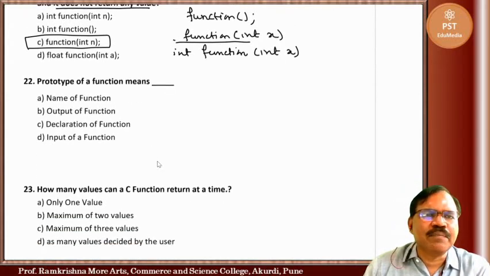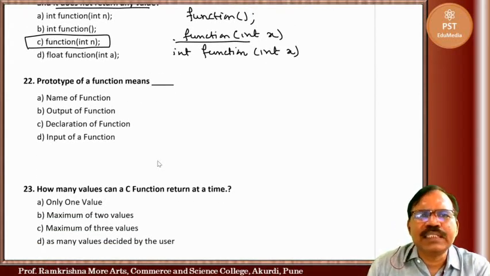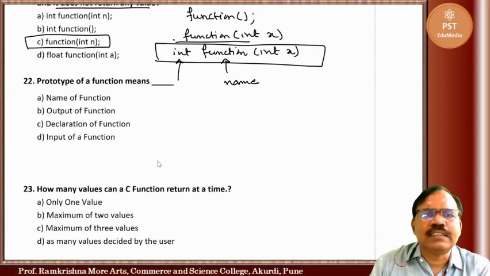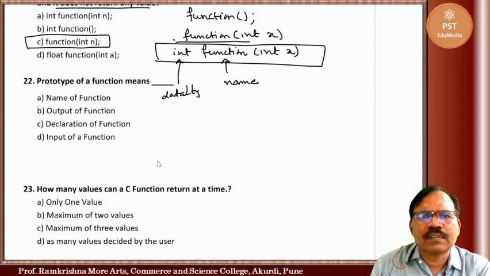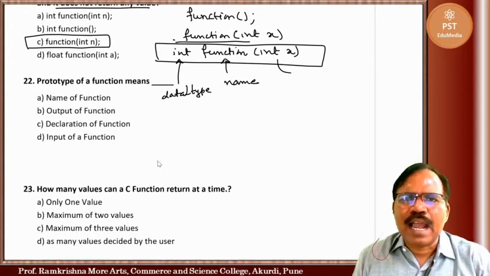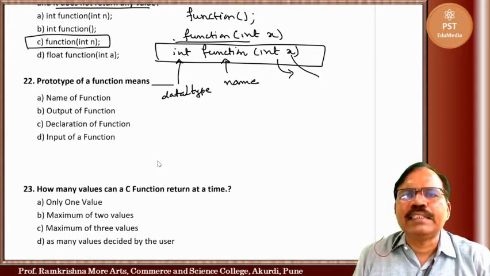Prototype of function means, this is the function prototype. This is the name of the function. This is the data type of the value returned by the function, and this x is the argument, and this is the data type of the argument.